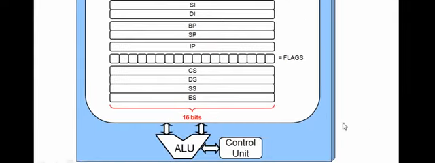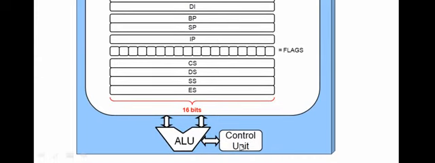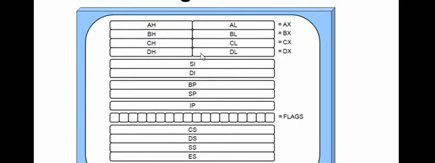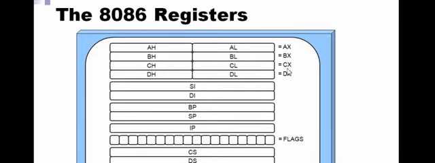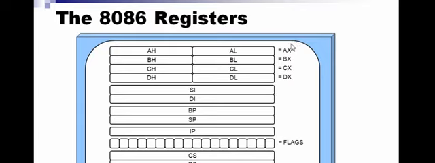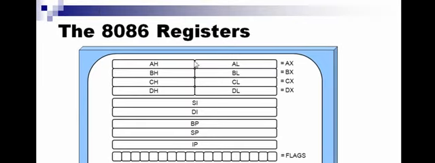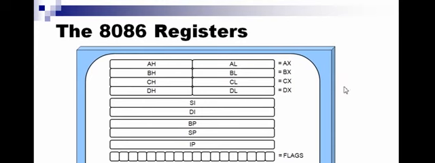So it's like that. And then we have the ALU and control unit here, which will work together. Actually, this is not the complete picture of the 8086 microprocessor. This is only the registers shown. In fact, these AX general purpose registers are placed on one side called the bus interface unit. If you open up a book, you will see they are in a bus interface unit, and on the side it will have a prefetch queue, the registers which are used to prefetch the instructions.